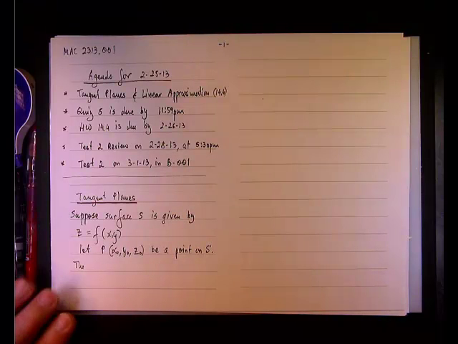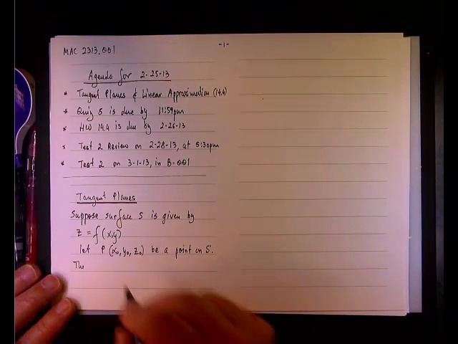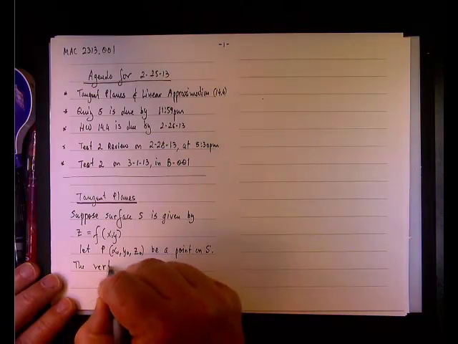So we have that x equals x sub 0 and y equals y sub 0 are vertical planes.